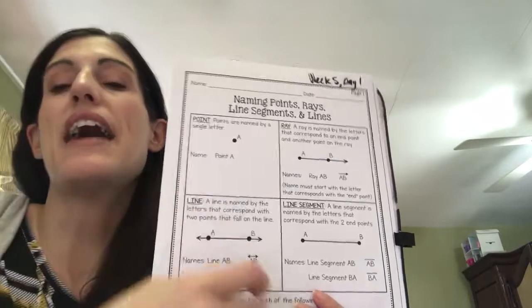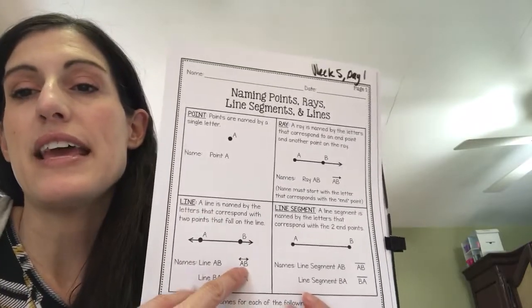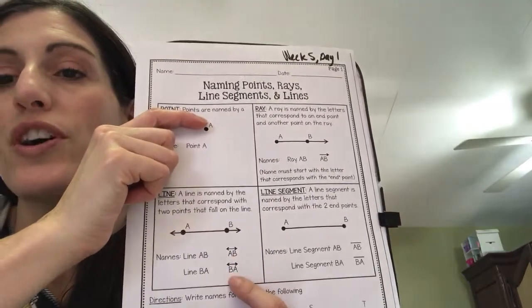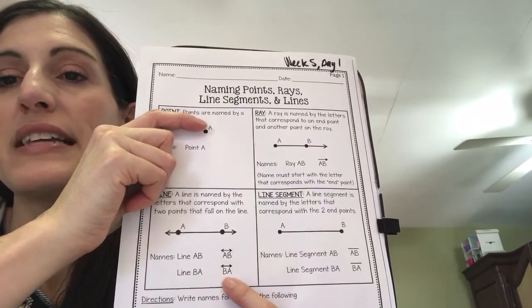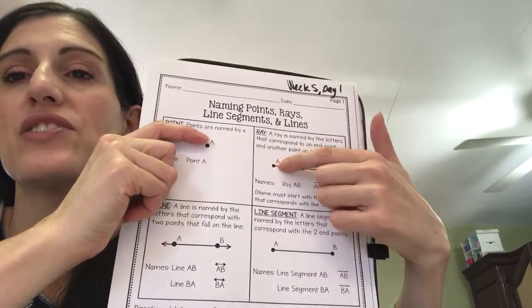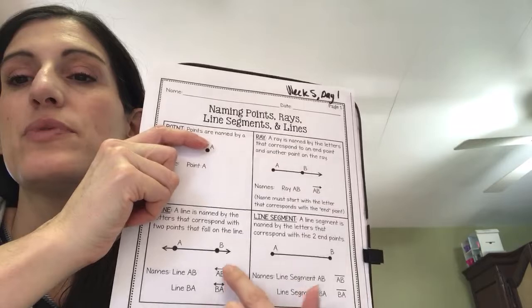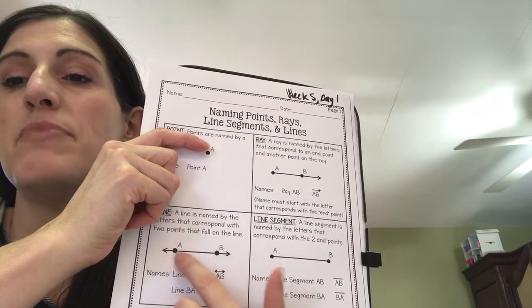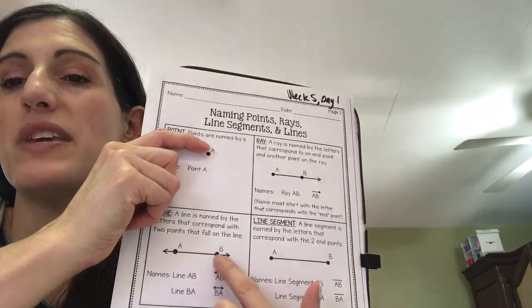So you would have the AB with a little line symbol over it, or you could switch it around because it doesn't have a starting point like this one. This one had a starting point. This one does not. So you could call it BA or you could call it AB.